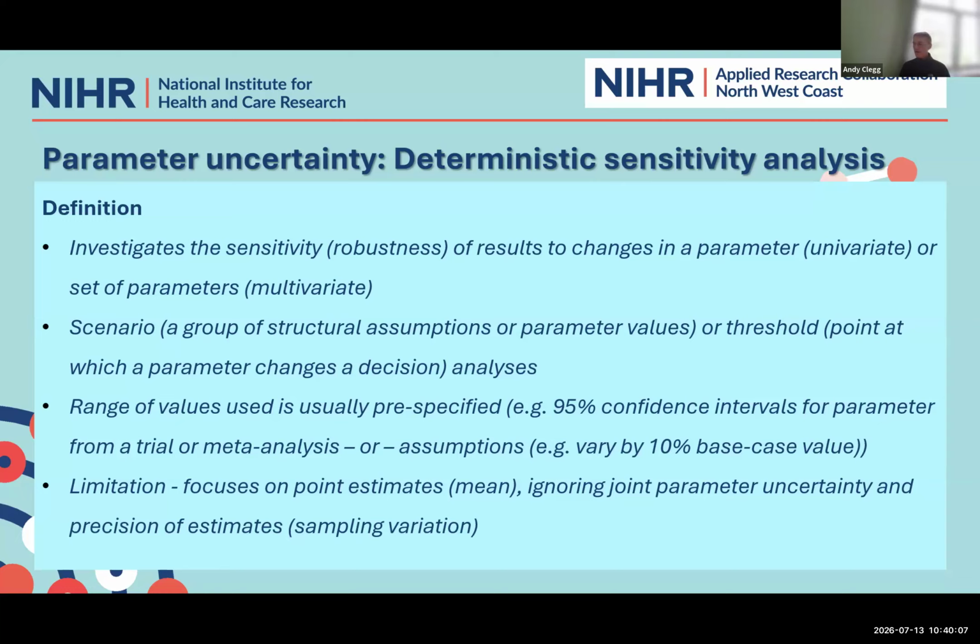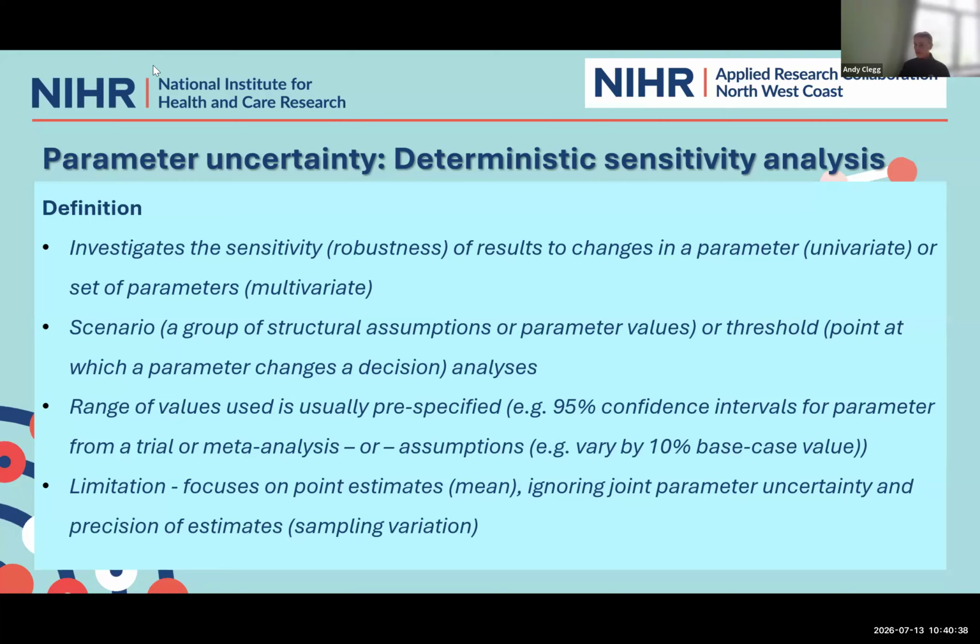So it's usually a 10%, 20% change maybe, or using the confidence intervals as a basis for doing that. The limitation is that it's just focusing on the mean and ignoring other parameter uncertainty and the precision of the estimates, which Valerio will talk about after I've finished. So it's often the starting point for a lot of analyses to find out how robust they are.